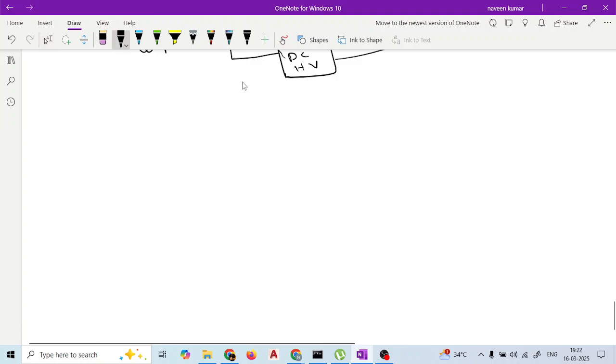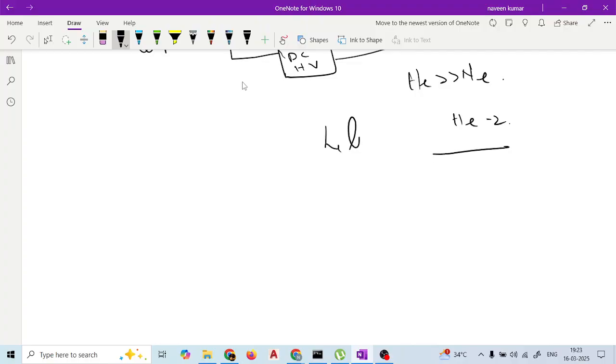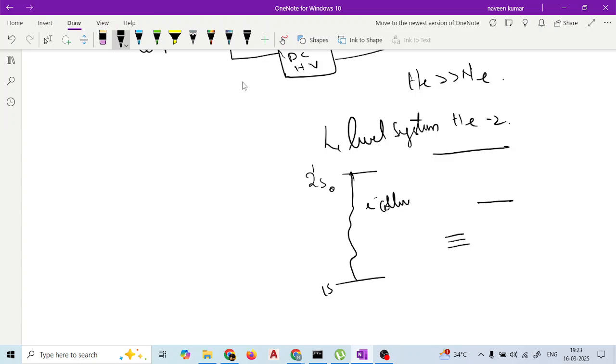Normally it is a 4 level system. Helium neon collision will take place.